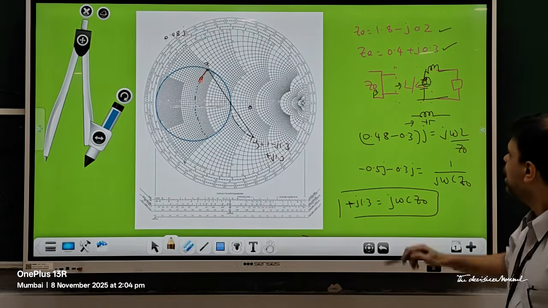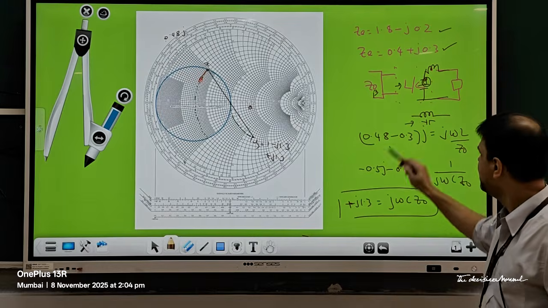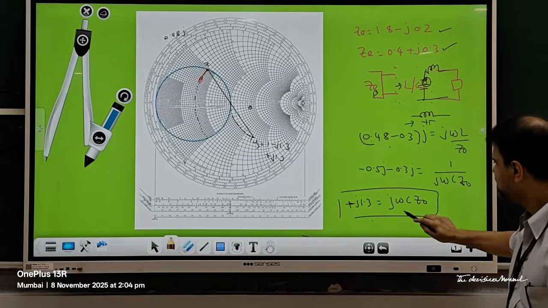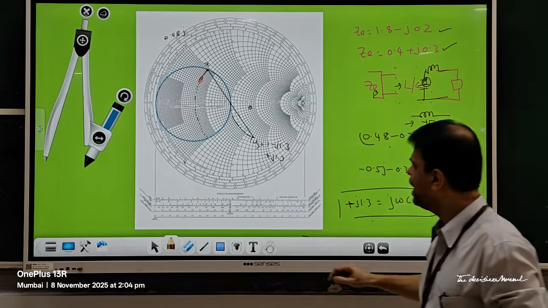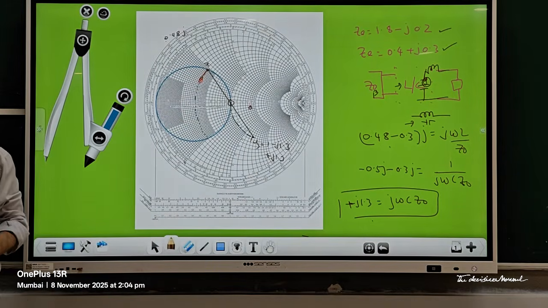So earlier you had a series inductor, whose value is calculated using this equation, and then a parallel capacitor, whose value is calculated using this equation, and in the process you have arrived at the center point.